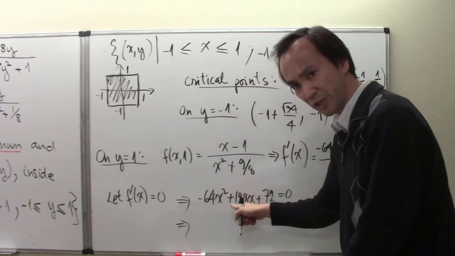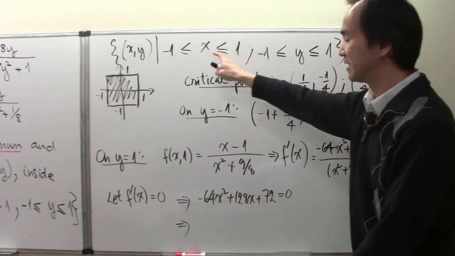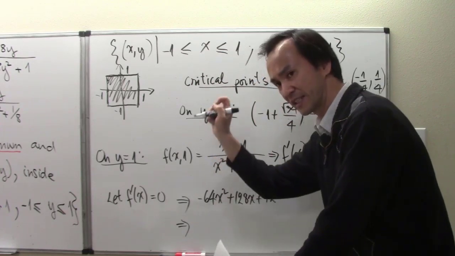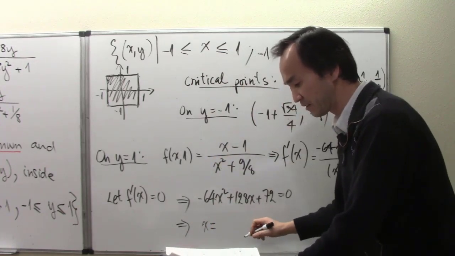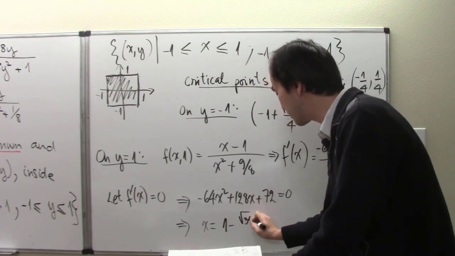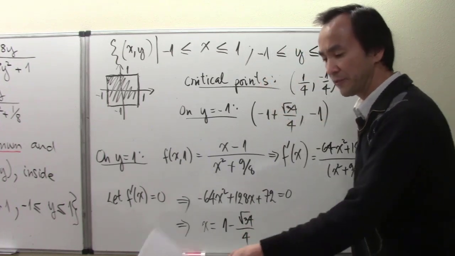Again, solving this equation will come with 2 solutions, but only one of them qualifies as an x value anywhere from -1 to 1. And so the accepted value for x on that trace right there is x equals 1 minus square root of 34 over 4.